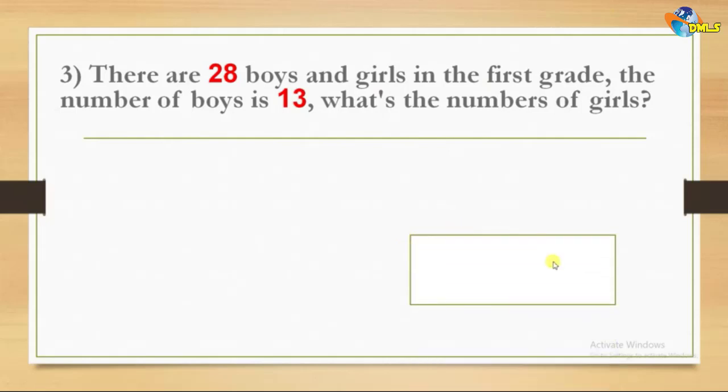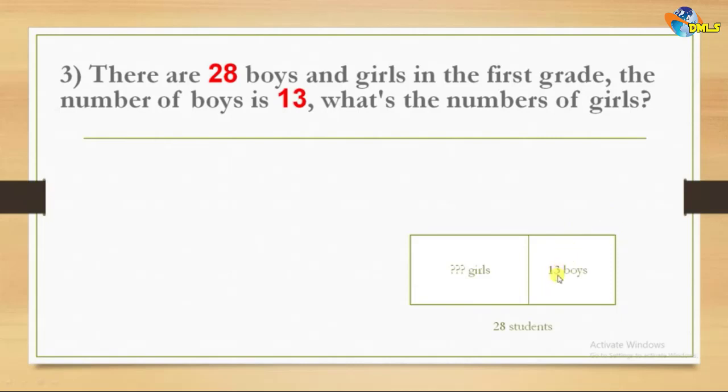So here I have the first grade, for example. The first grade contains 28 students. Here I have 13 students, which means the boys. So I have 13 boys, and I want to know the number of girls. To know the number of girls, of course you will subtract the number of boys from the total number of students.